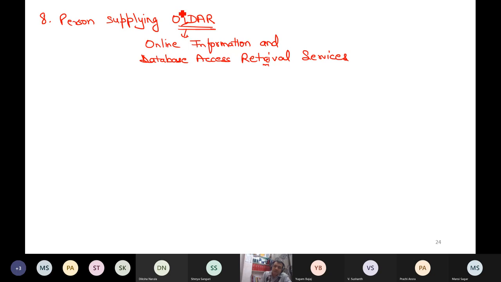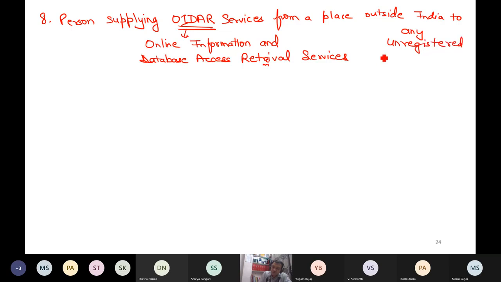Now every person who is supplying these OIDAR services from a place outside India to any unregistered person in India, in this case, this supplier has to take compulsory registration.